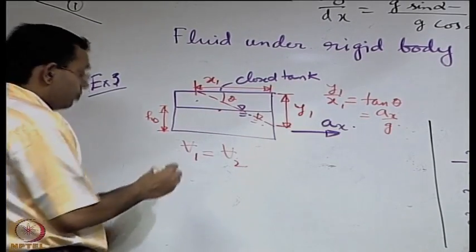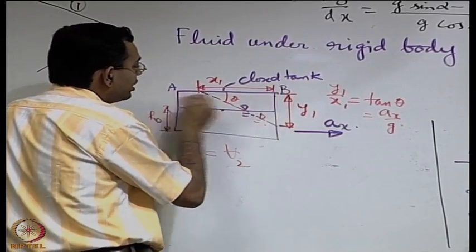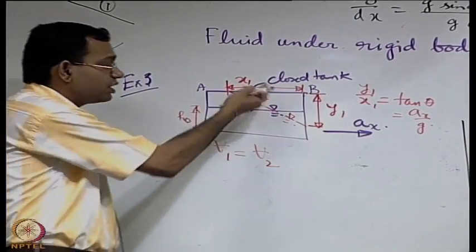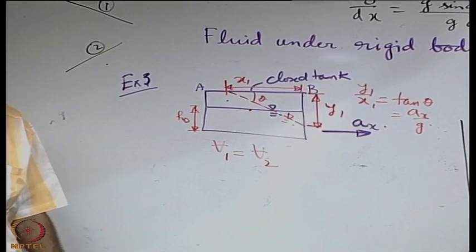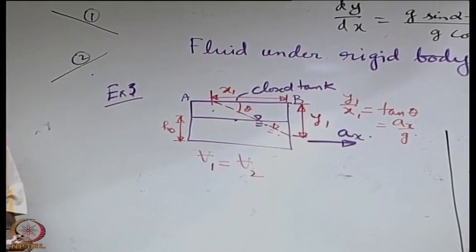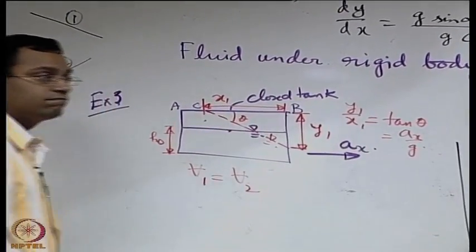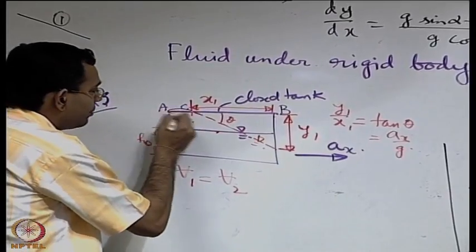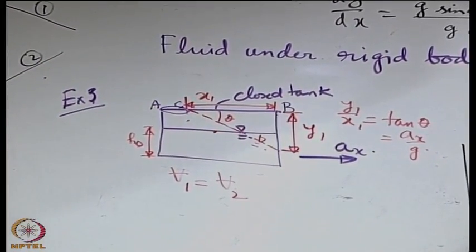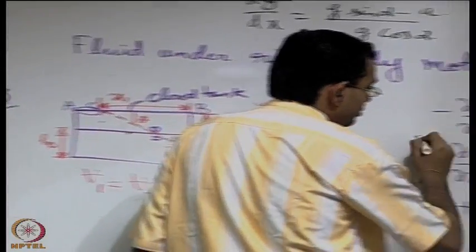Now let us say that we are interested to find out the total force acting on the top surface or the lid of the container. How will you find it out? Let us say this point is C. You have to keep in mind that only up to AC it is in contact with the fluid, and you can use this one.